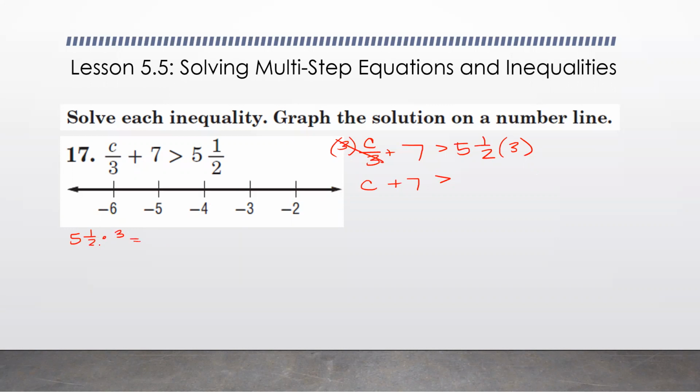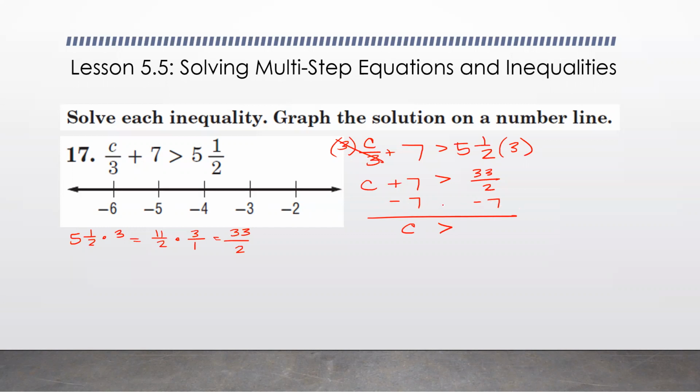So this is a mixed number, so I'm going to make that an improper fraction, and then put that 3 over 1, okay? So I end up with 33 over 2, okay? And then I need to subtract 7 from both sides, and I have c is greater than. Now again, I don't flip anything because I'm subtracting 7.